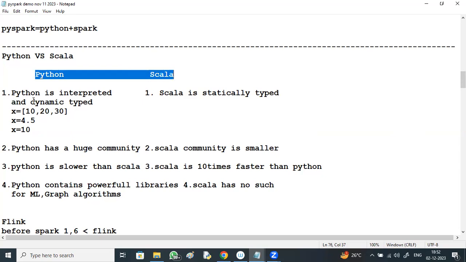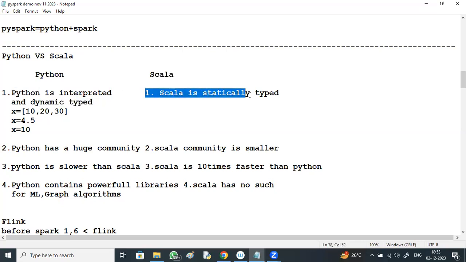Python is dynamically typed, while Scala is statically typed. In Python, if you assign a float to x, a float variable is created dynamically. If you assign 10 to x, an integer variable is created dynamically. If you assign a list, a variable is created based upon what value is assigned.